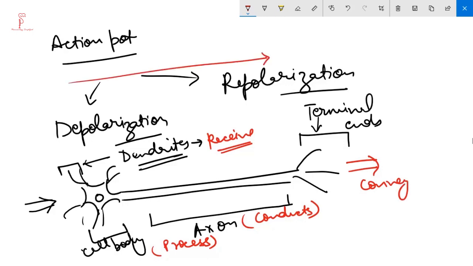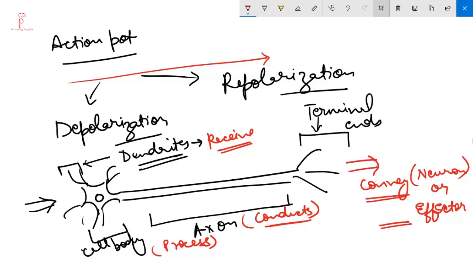The dendrites will receive the signal, the cell body will process it, the axon will conduct it, and these terminal ends will convey this signal to another neuron or to an effector. So let's move ahead.